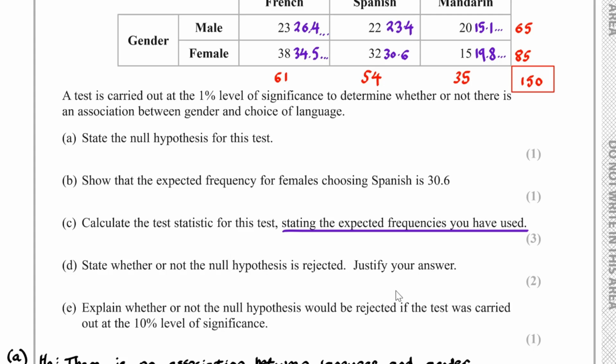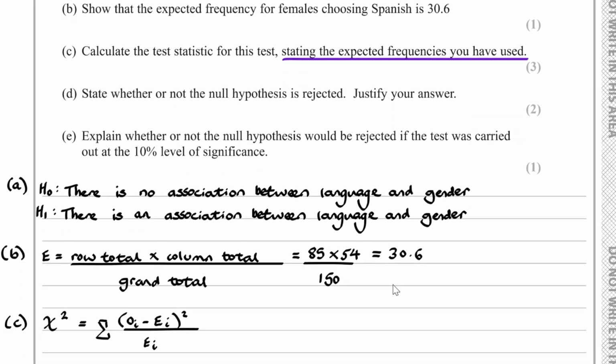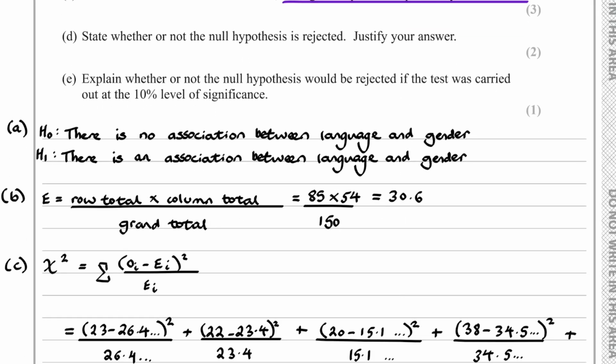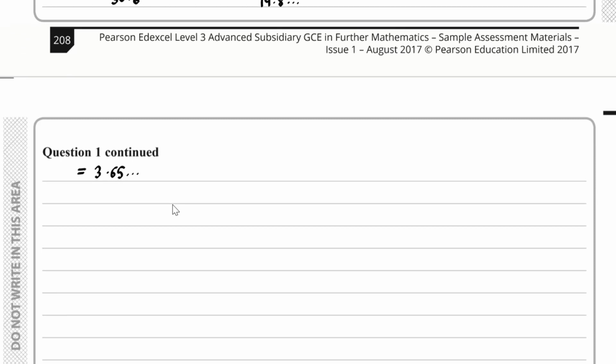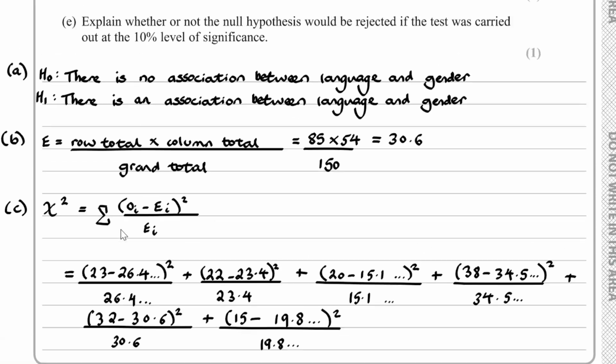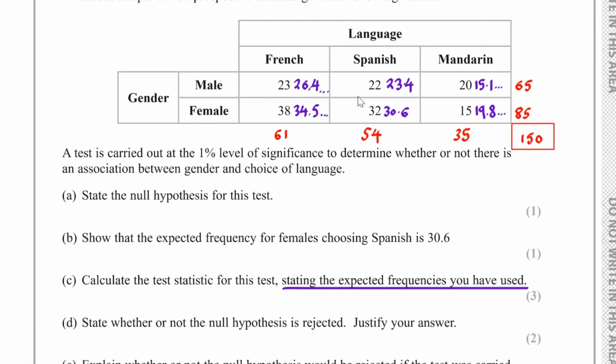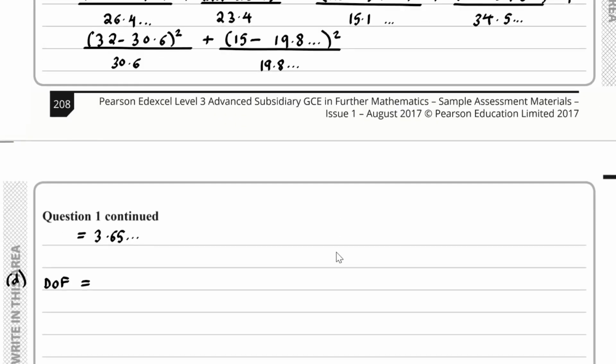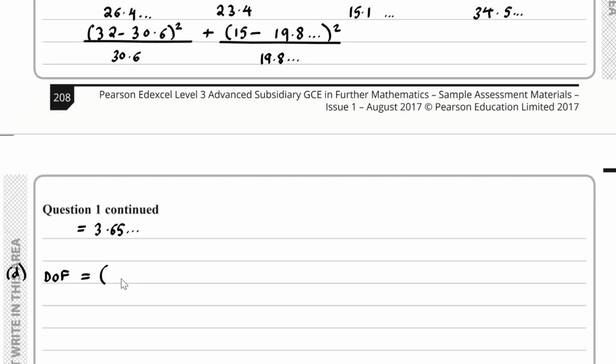The next thing we need to do is work out the degrees of freedom. For part D, the degrees of freedom equals the number of rows minus 1 times the number of columns minus 1.